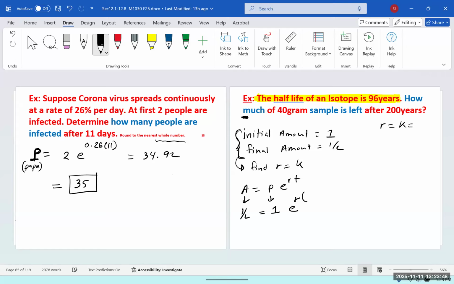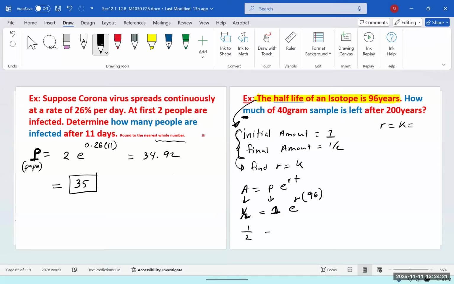No. But did it tell us how long it will take for 1 to become half? 96 years. So it takes 96 years for 1 gram to turn into half a gram. Just using the first sentence, we need to figure out the decaying rate, at what rate the thing is decreasing every year.